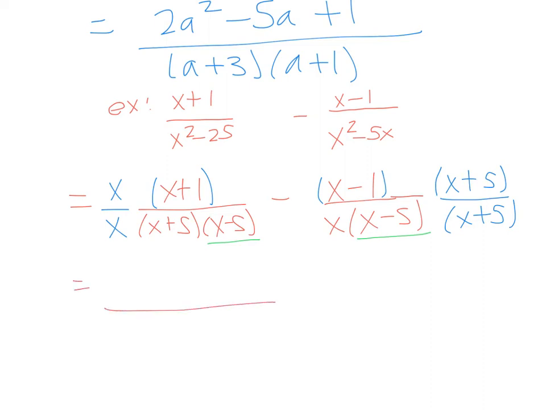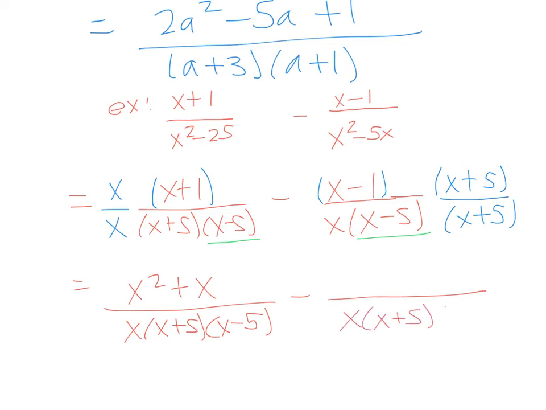Okay, so we've got our common denominator, x times x plus 5, x minus 5. And distributing that numerator, we get x squared plus x, and then minus, okay, we got common denominator, and multiplying out the x minus 1 times x plus 5, we get x squared plus 4x minus 5x.